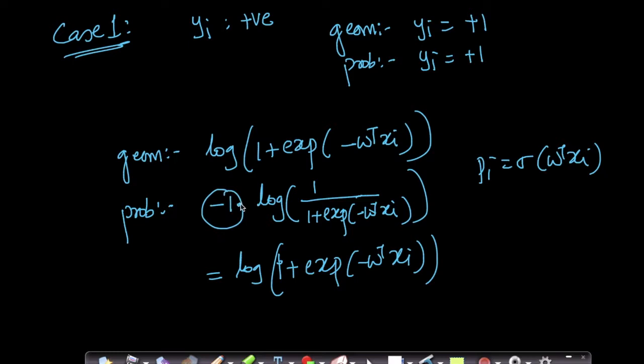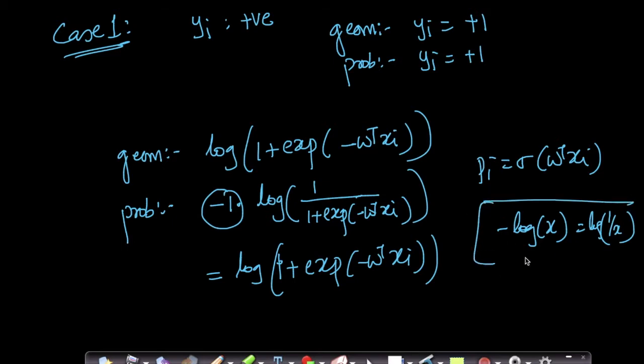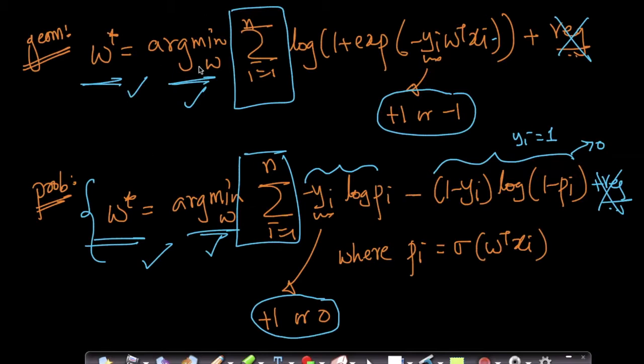I'm basically taking this minus 1 inside the log. When I do that, the internal thing gets inverted, because minus log of x equals log of 1 by x. By using this simple algebraic expression, I got this. Now, if you notice, this is the same as this. Exactly the same thing. So when yi is positive, the geometric and the probabilistic equations that we saw here are exactly the same.